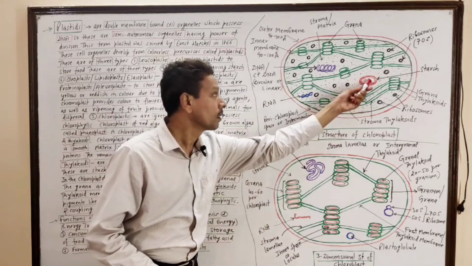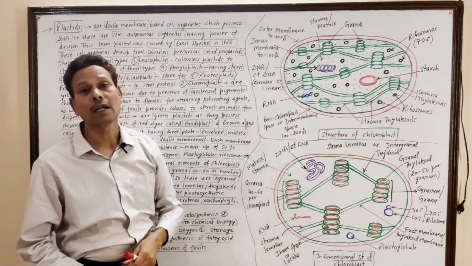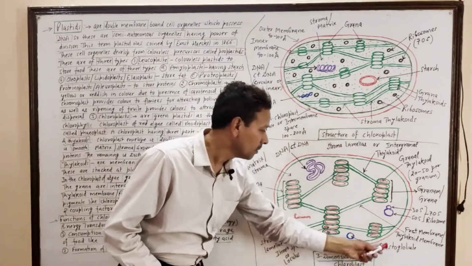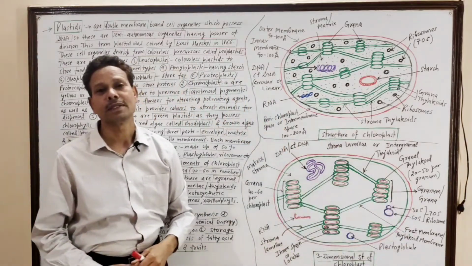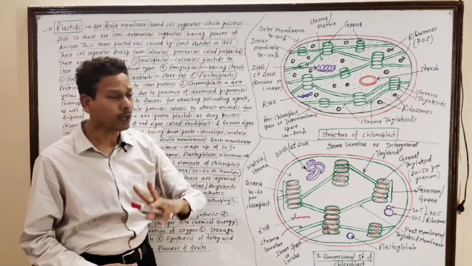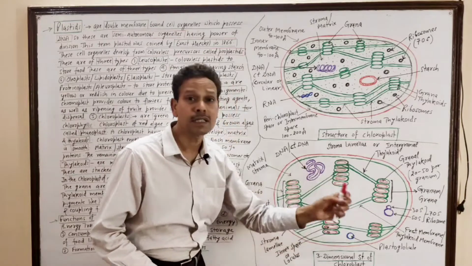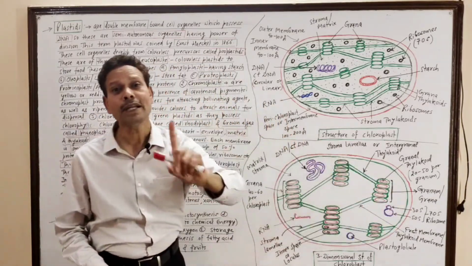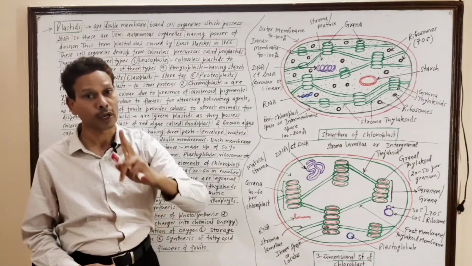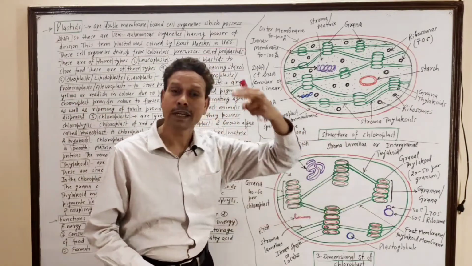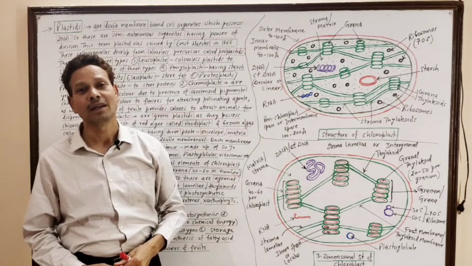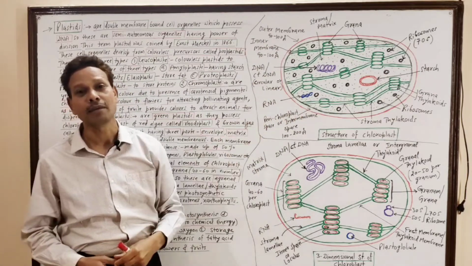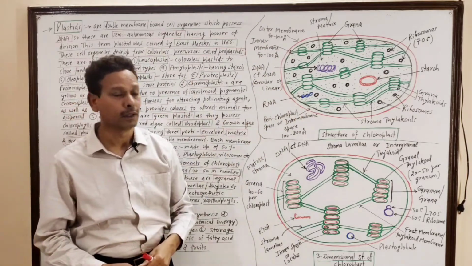ribosomes, food particle starch, and plastoglobules. Note down, in this matrix the ribosomes are 70S type. Note down, these ribosomes, as in case of mitochondria, are again 70S type, like bacteria.